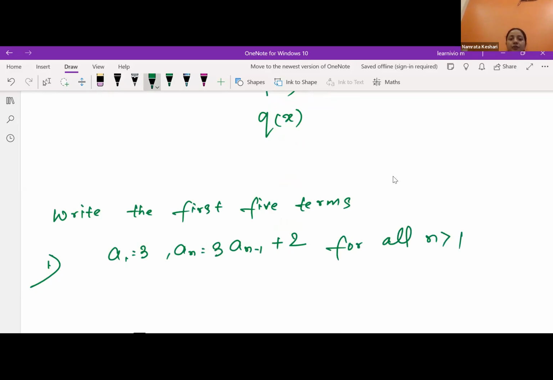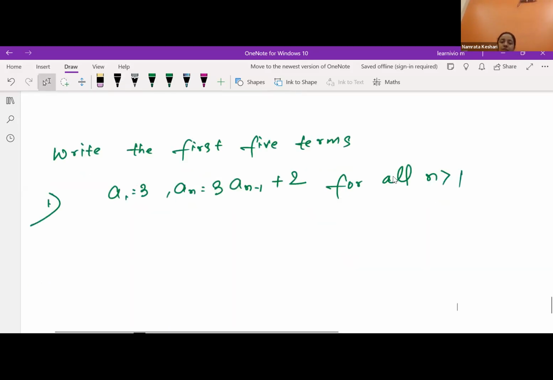We have to write the first 5 terms. You can clearly see the first term is given to you, a1 is given. We have to find A2, A3, A4, A5, right? That will be the first 5 terms of this sequence.